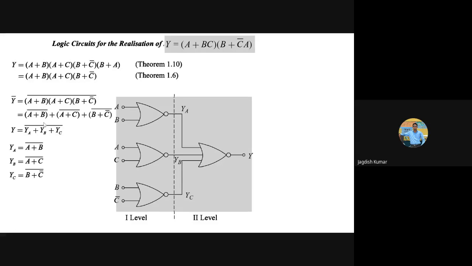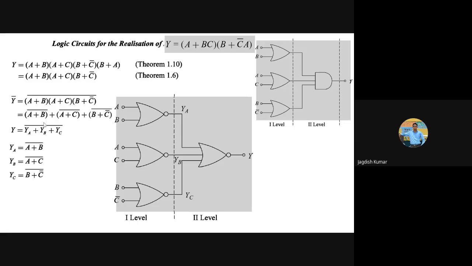We can also arrive at a NAND or NOR implementation of any Boolean expression. That's another interesting thing here. And we can compare the two: this was the previous implementation using OR gate and AND gate, and this is using only NOR gates.